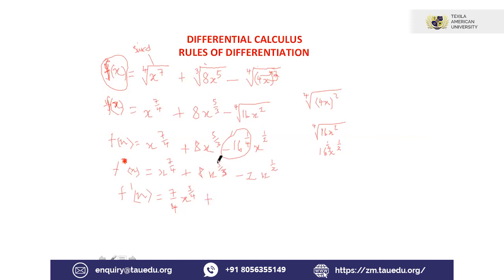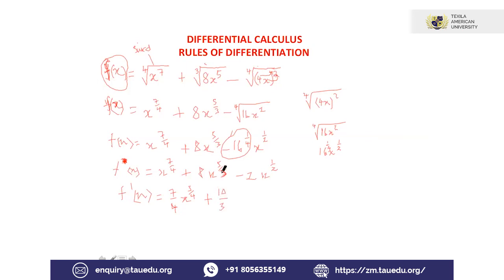Then the next thing is take 5 over 3 and multiply it by the 8. If you take 5 over 3 and multiply by the 8, what are we going to get? Is it 40 over 3? If it is, then you write it down.